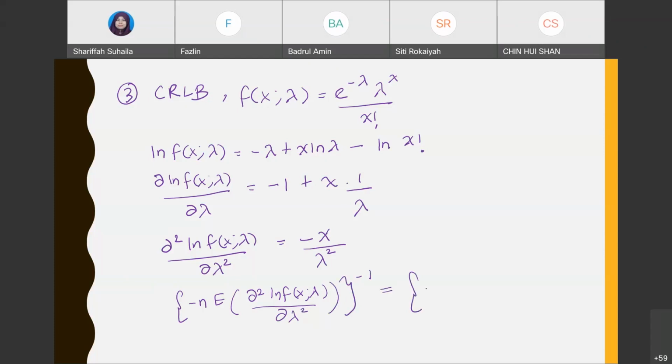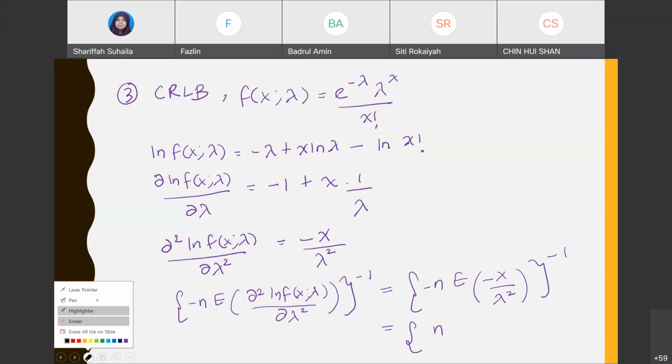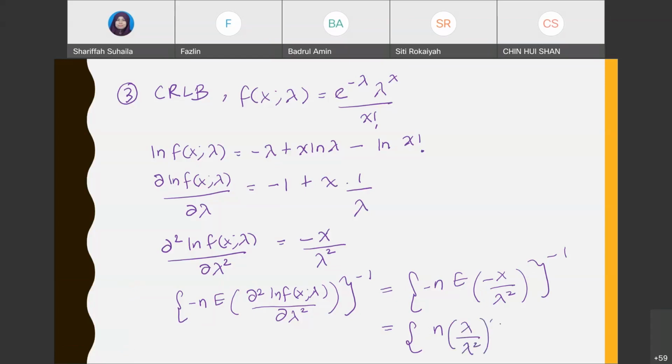Masukkan. So you will have negative n expected value of negative x over lambda square. So again expected value of x, negative hilang positive. So EX is just lambda. So cancel out, kamu akan dapatlah n over lambda. So dia akan dapat lambda over n.